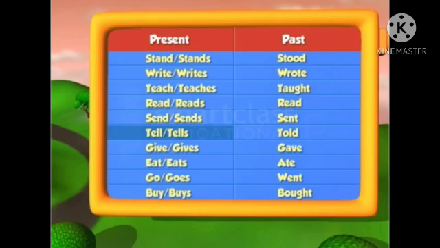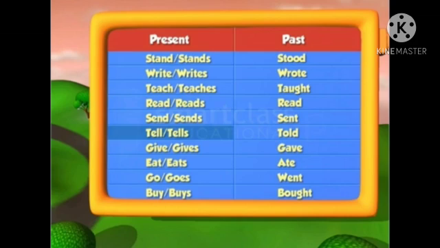Let's learn some more examples of present and past forms of verbs. Stand or stands becomes stood in the past. Write or writes becomes wrote. Teach or teaches becomes taught. Read or reads becomes read.